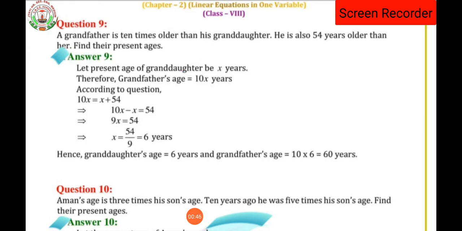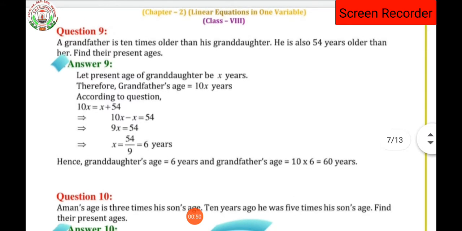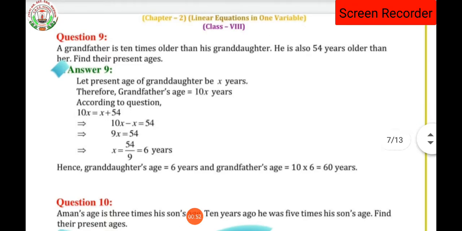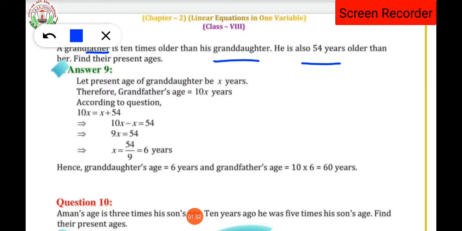Here we are talking about grandfather and granddaughter. So let the present age of granddaughter be x. We will consider the age of granddaughter to be x.